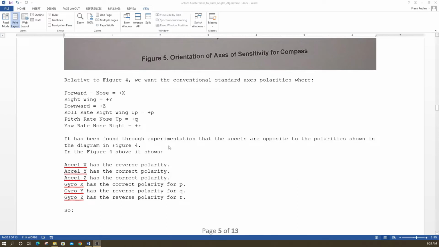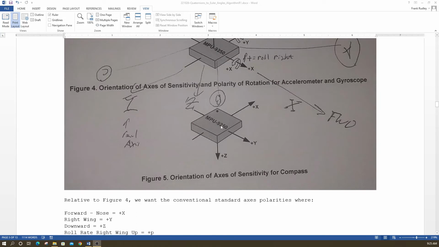It has been found through experimentation that the accels are opposite to the polarity shown in the diagram of figure 4. We found that our polarities appear to be opposite in acceleration. I did notice that we do see 1g. If this accelerometer is sitting here, this is positive 1g. But I believe we want our accelerations to be opposite.